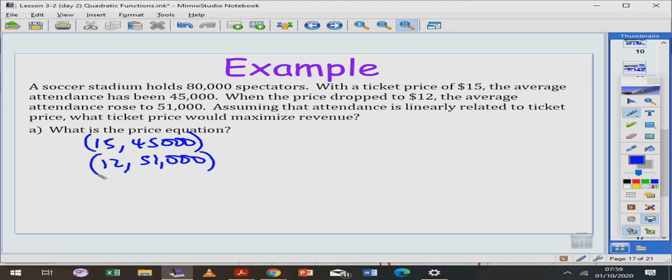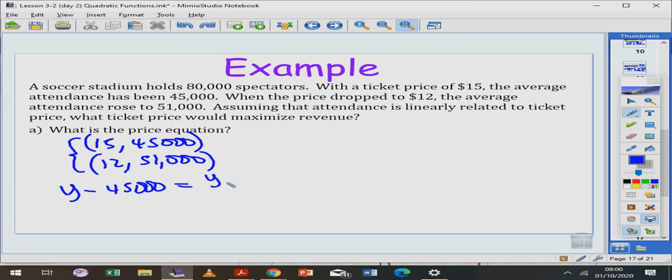So your equation will be, point slope form, y minus y1, which is y minus 45,000, is equal to m. But remember, m is the change in y over change in x, which is y2 minus y1 over x2 minus x1. So I'm just going to substitute for those values. y2, I can use 51,000.